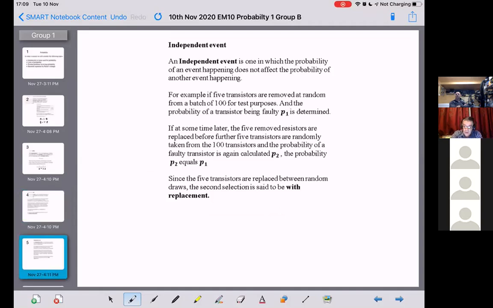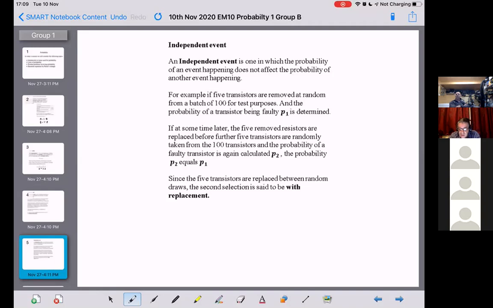On the other side of the coin, an independent event is one in which the probability of an event happening does not affect the probability of another event happening. For example, we take our 5 transistors at random from a batch of 100, and we find the probability of a transistor being faulty. Sometime later, the 5 removed transistors are replaced and a further 5 transistors are randomly taken from 100 transistors, and the probability of faulty transistors is again calculated, P2.